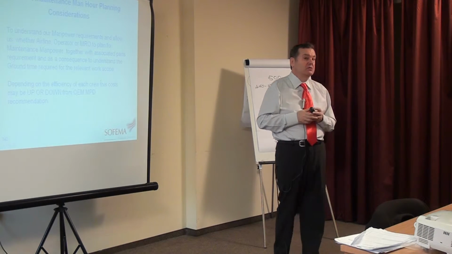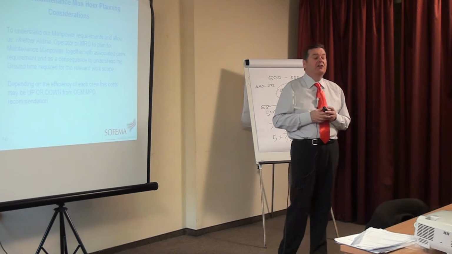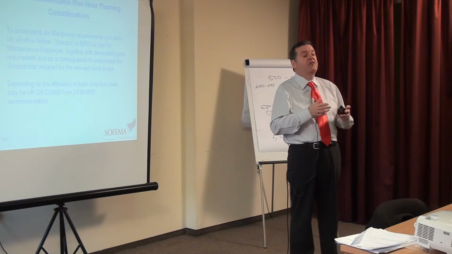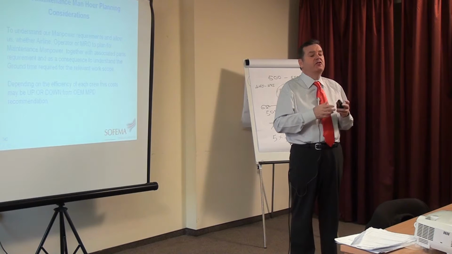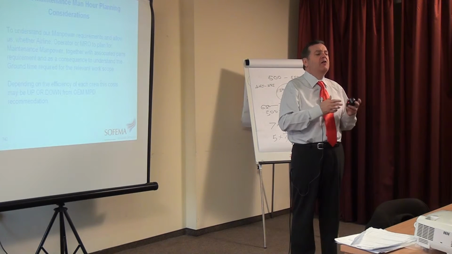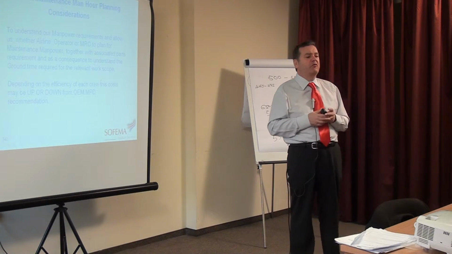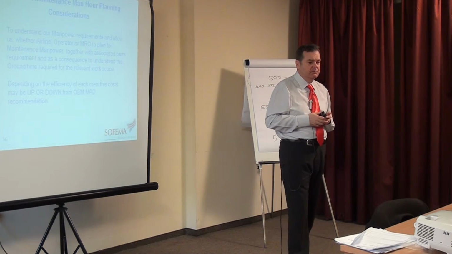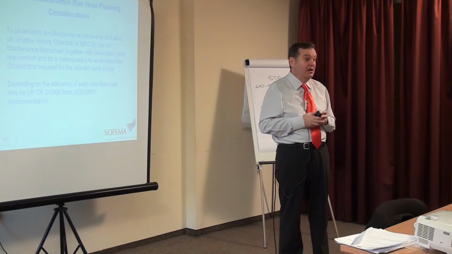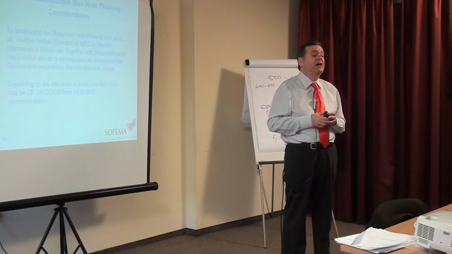Depending on the efficiency of each crew, the cost may be up or down from OEM MPD recommendations. In reality, they're typically up by a factor. And as we've said, a factor of roundabout 2 to 2.5 is typically what we will find. It may be lower, it may be higher, it may in some cases be significantly higher.